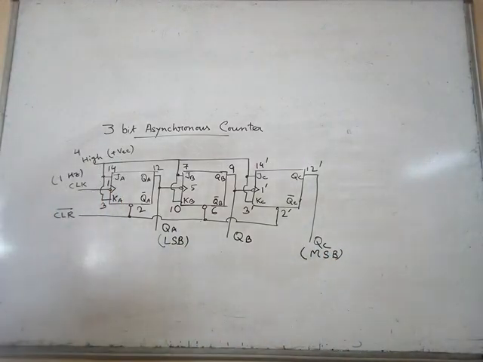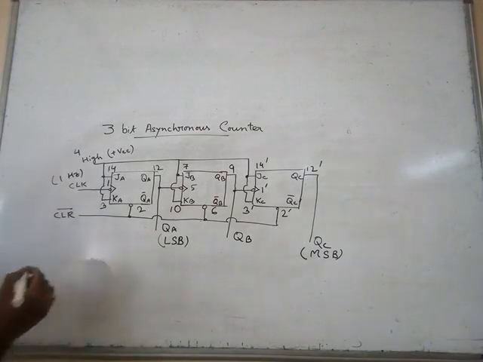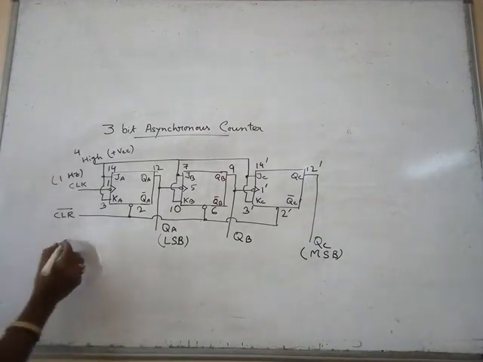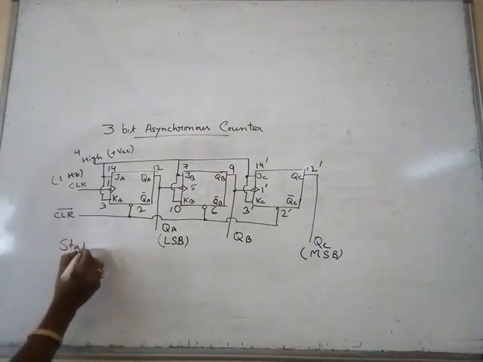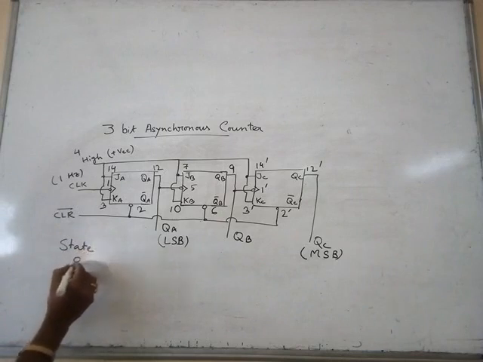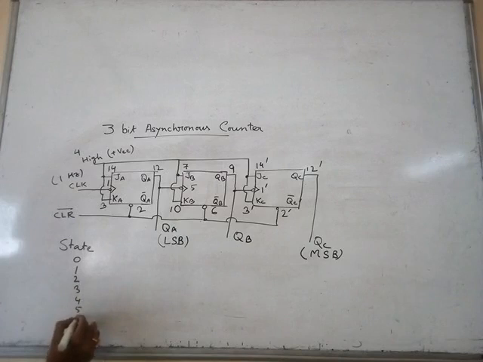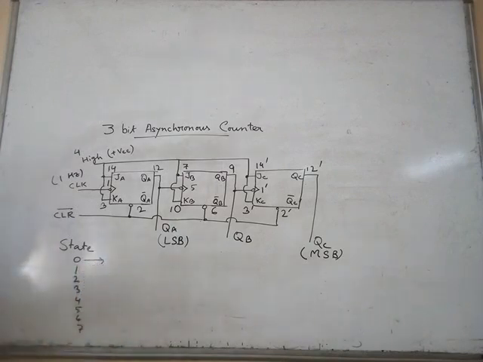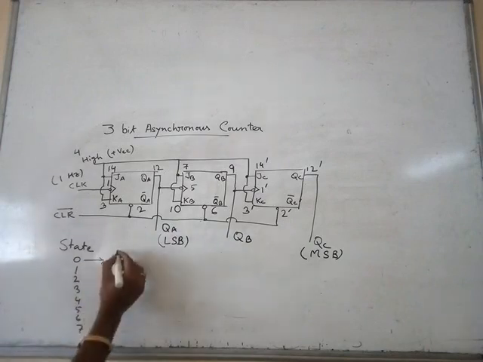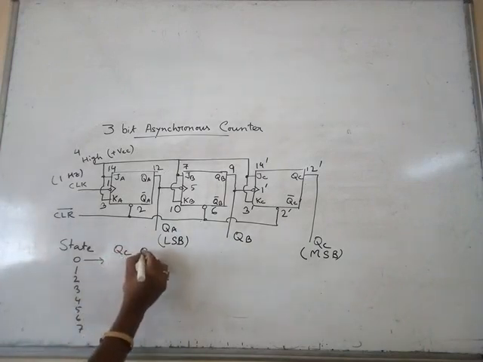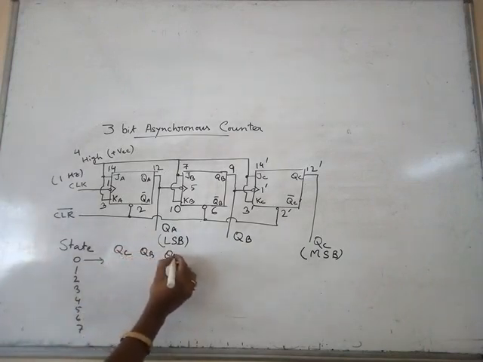So we now go to the truth table. What is the truth table? As we talked about earlier, we get the 8 combinations. That is 0, 1, 2, 3, 4, 5, 6, 7. There are 3 outputs, you can see QC, QB, QA.